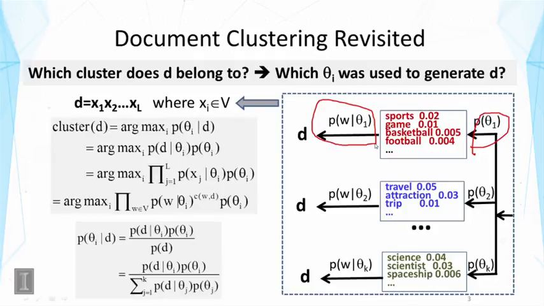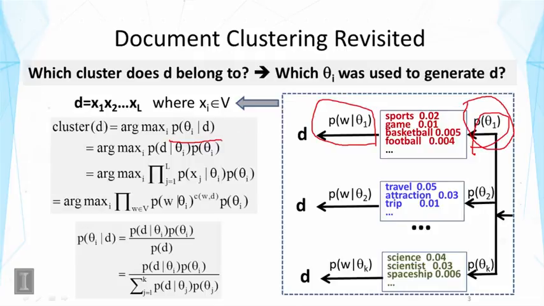So more rigorously, this is what we would be doing. We're going to choose the topic that would maximize this posterior probability of the topic given the document. Again, it's posterior because P of theta i is the prior. That's our belief about which topic is more likely before we observe any document.